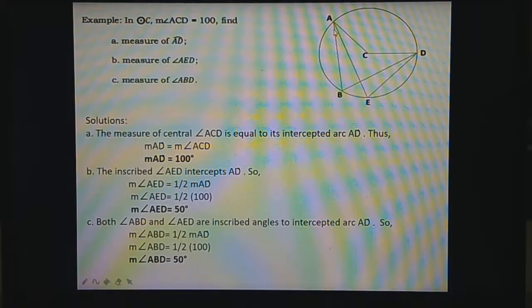And then the measure of angle AED and the measure of angle ABD. So, ano yung angle AED at ano yung angle ABD? Yung dalawang yun ay parehong inscribed angle kasi ito central angle. So, ito ay inscribed angle.